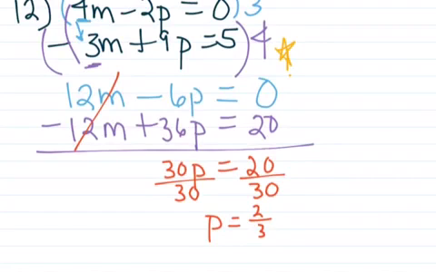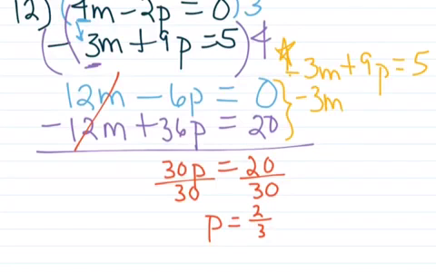So we have negative 3M plus 9P equals 5. I would encourage you to go back to the original two equations rather than using the modified ones in case you make a mathematical error. Anyway, back to what we're doing. Negative 3M plus 9 times, and P is 2/3.